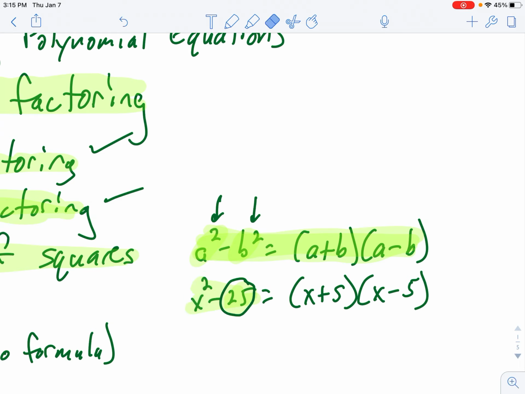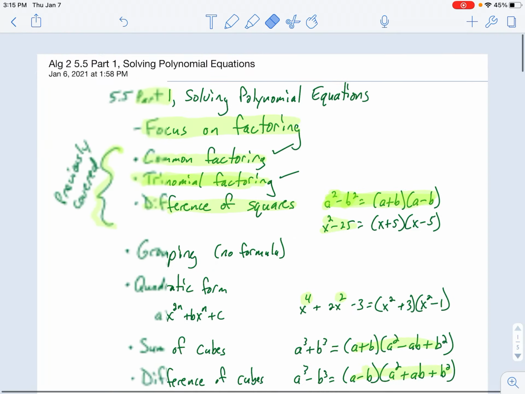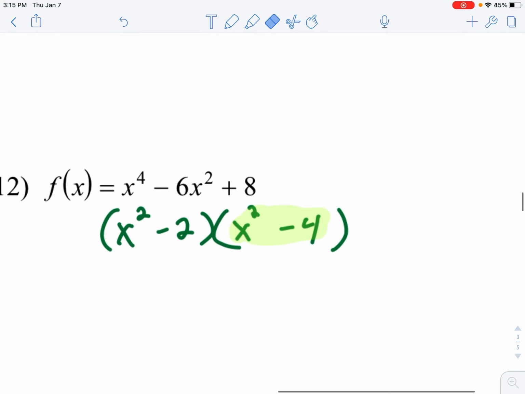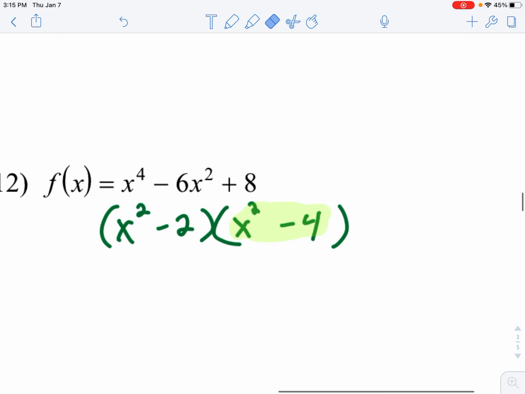So anyway, right here we have x squared minus 4. So this is a square minus, that's where the word difference comes from. And then 4, of course, is 2 squared. So that's a square number. So that tells me that I can factor this a little further.